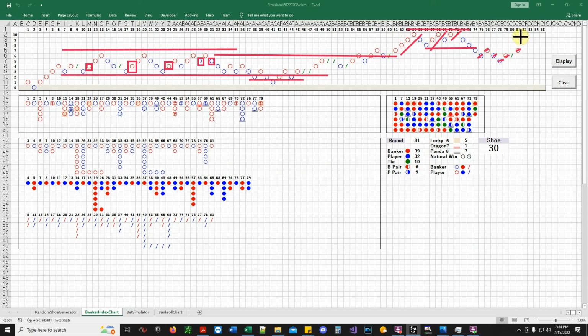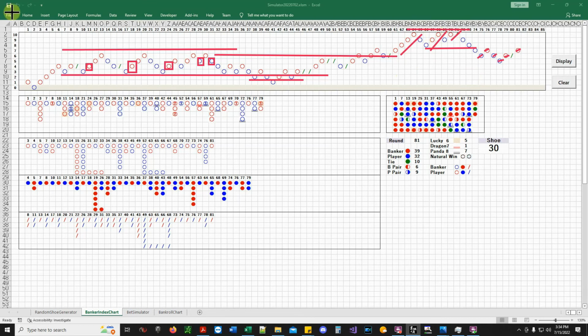Very seldom goes to 81, 82, 83. Well, I'm not going to say seldom, I've seen it go to 81, 82, but you don't have a chance to get back this late in the shoe. You start betting player here and you already lost two hands right there. You're not getting back. That's the end of the shoe. So be very conscious of where you are in the shoe at all times.